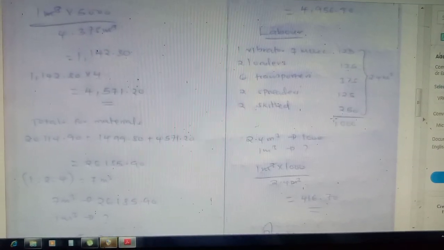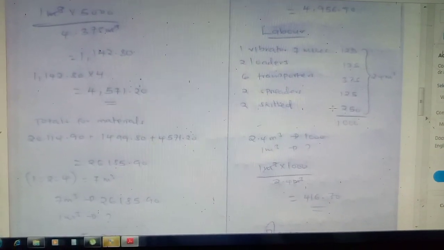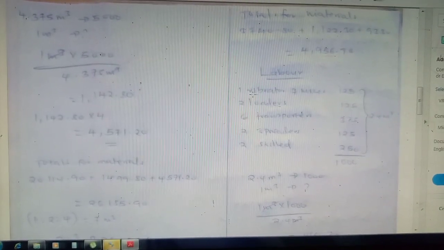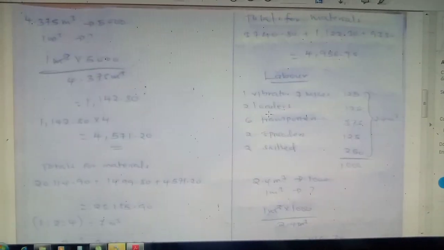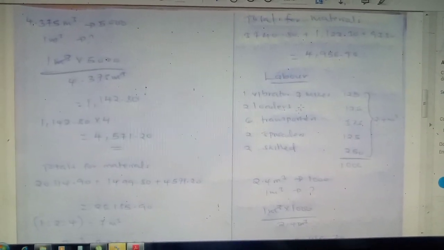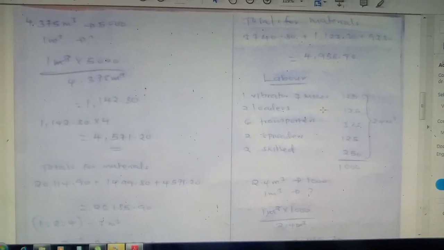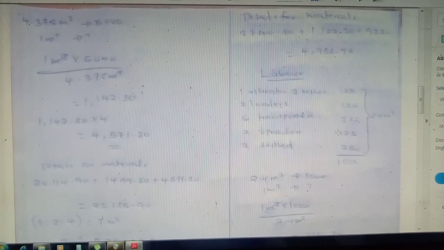Then 2 spreaders will be 125. 2 skilled will be 250. So let me explain. You assume the value of the skilled laborer is the person who will operate the machines that we have. So this 125, these values are in hours.